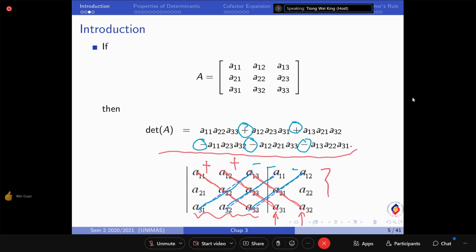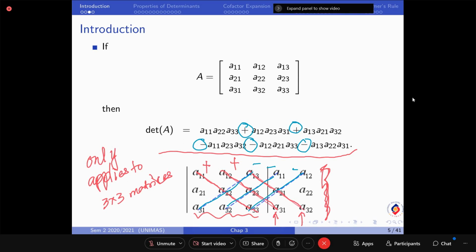This method only applies to 3 by 3 matrices, not 4 by 4 or 5 by 5.